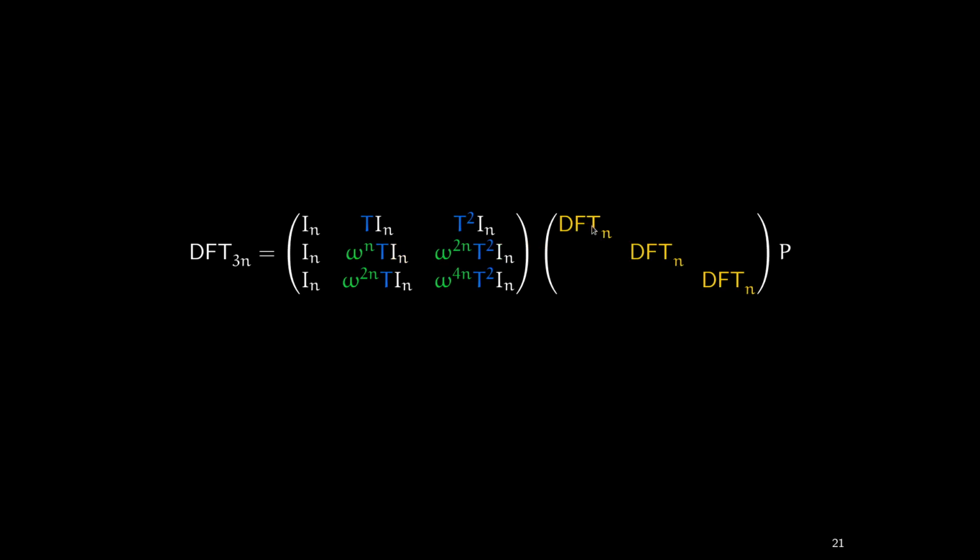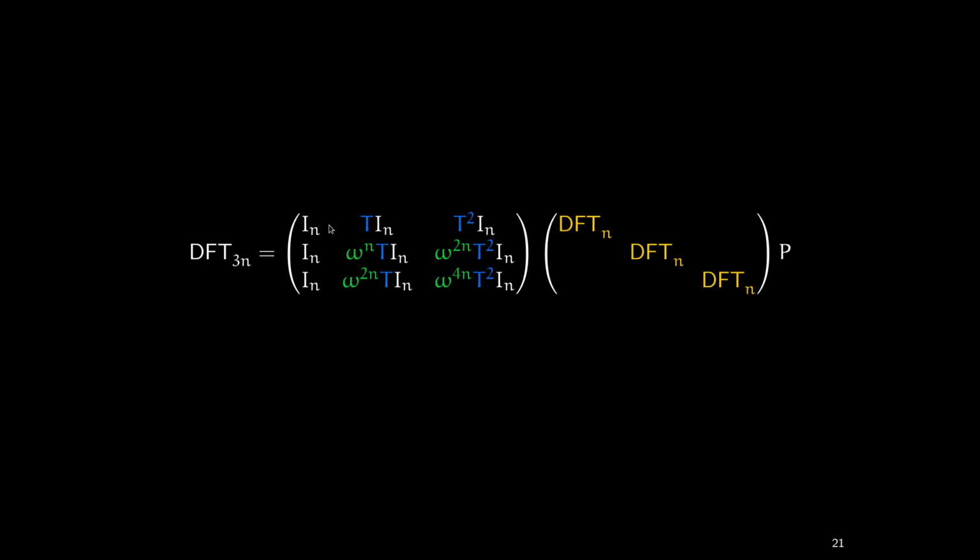I'm done. I have reduced a problem of computing a DFT of size 3n to the problem of computing 3 DFTs of size n. Okay, and that gives an n log n algorithm for exactly the same reason as when I divided in halves instead of thirds.